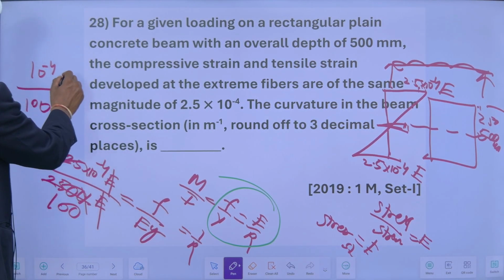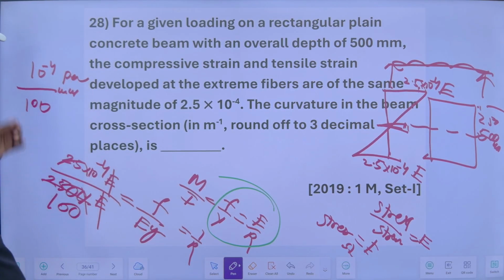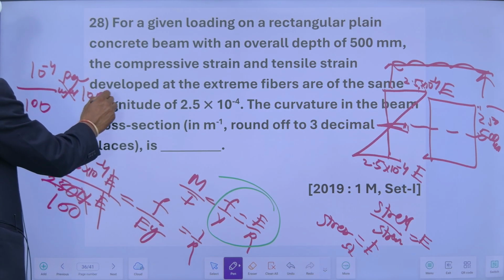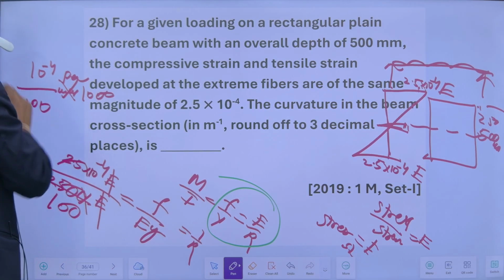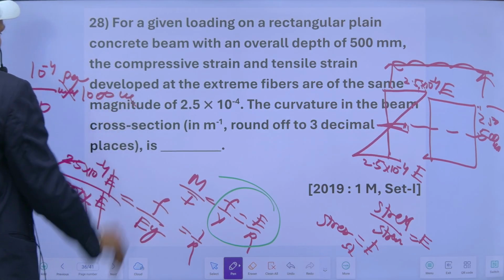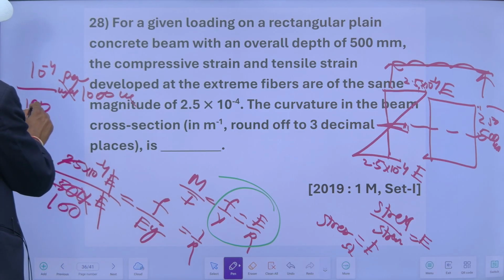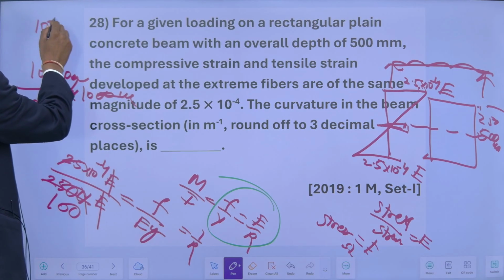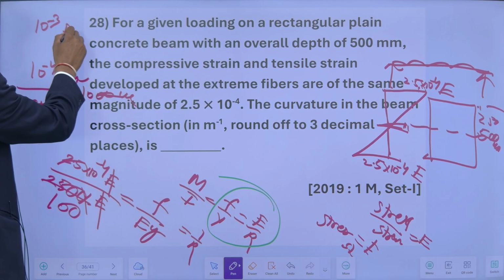This is per mm. When I multiply by 1000, it will be in meter. So it will be this per meter.